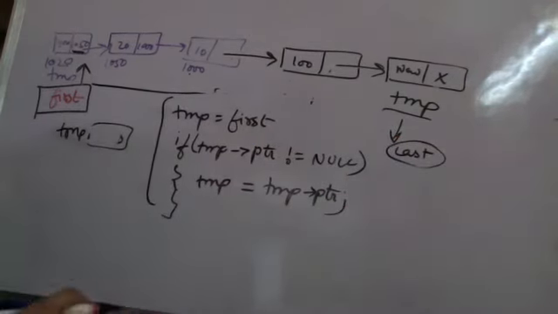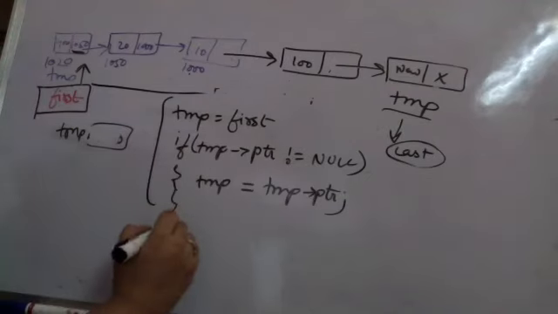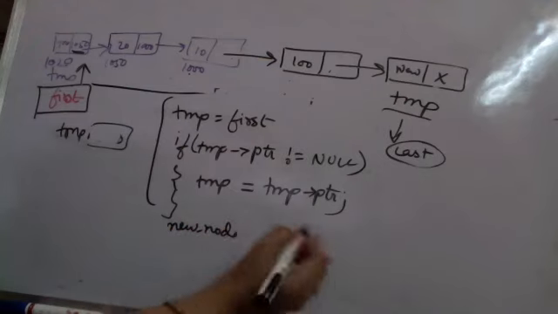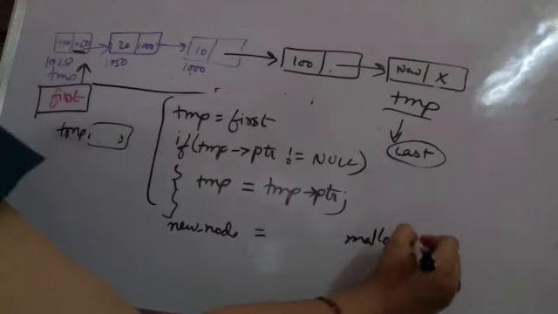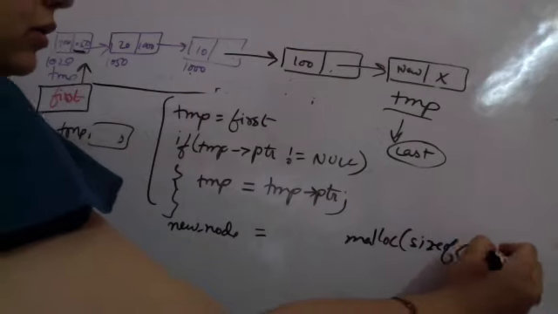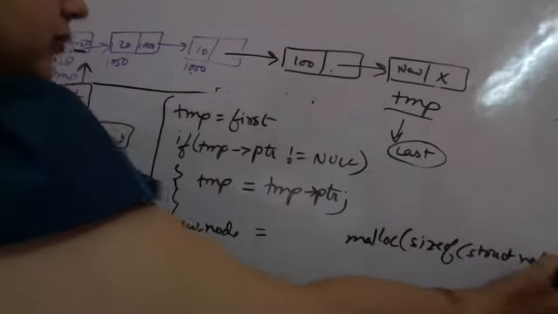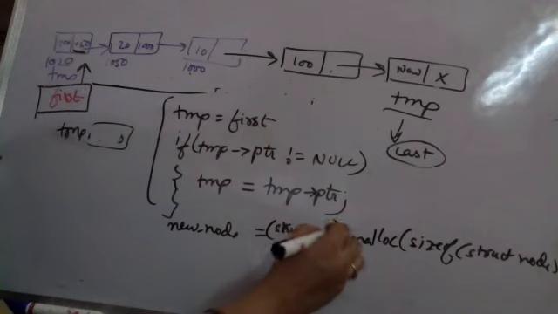Now whatever new node I am creating, that would not be in temp. So I am taking a new node, and this new node is again the same malloc. Same तरीके से you will be allocating memory, size of struct node, and you are typecasting it into struct node pointer.